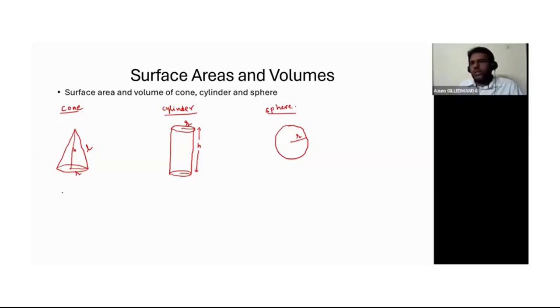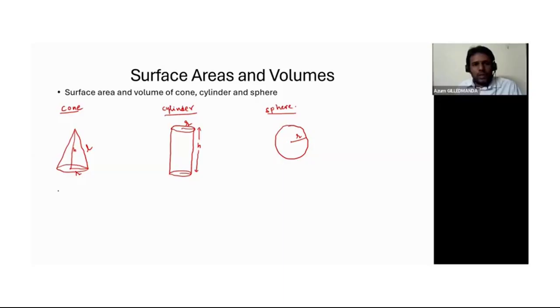So in a cone, two things you need to learn. We will get the surface area and the volume. Okay, first let's see what is the surface area. So a cone is in which form? What's the shape of this? It is triangular at the top and circular at the bottom, right?